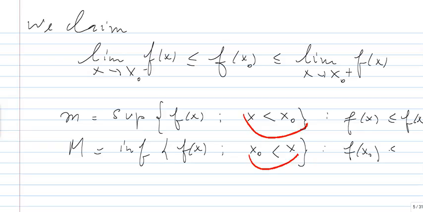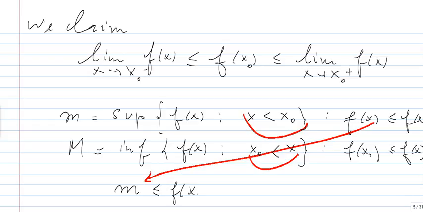When you take the sup of f of x less than f of x0, this will imply that m is less than f of x0, while the other one will imply that f of x0 is less than the infimum of f of x, which means what we claimed: the left limit is less than f of x0 and the right limit is bigger.